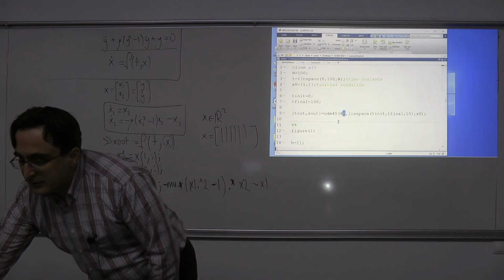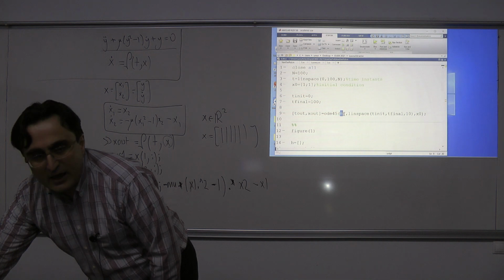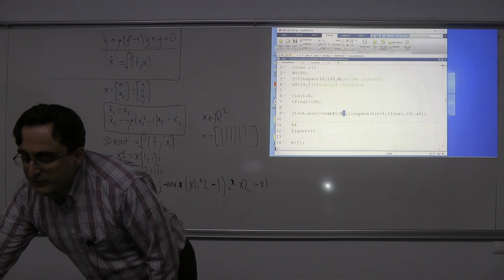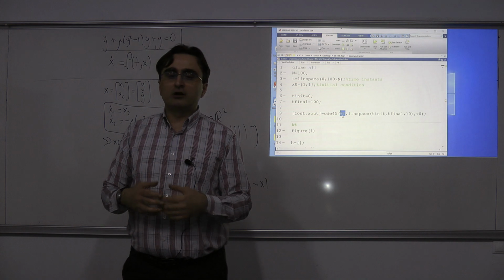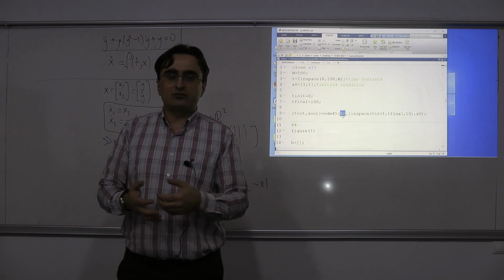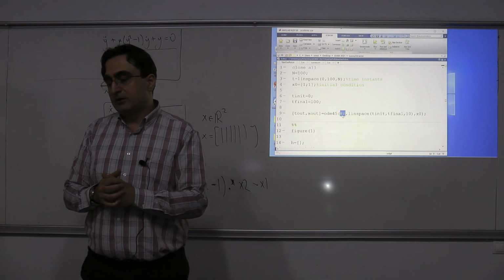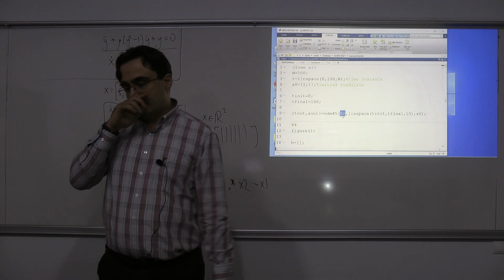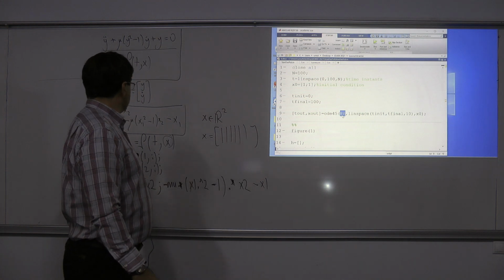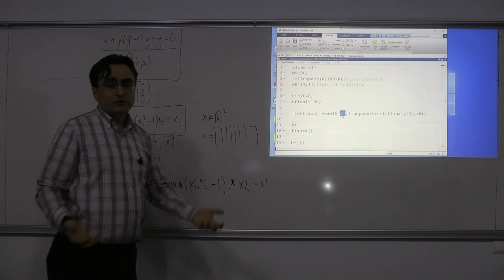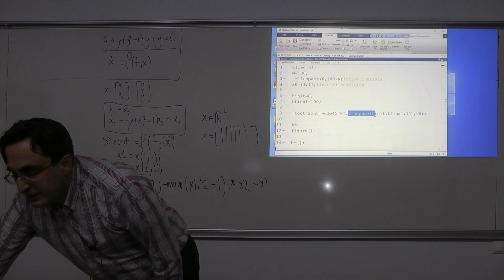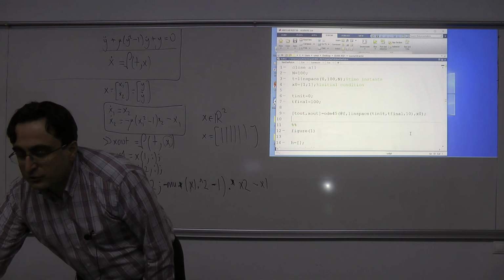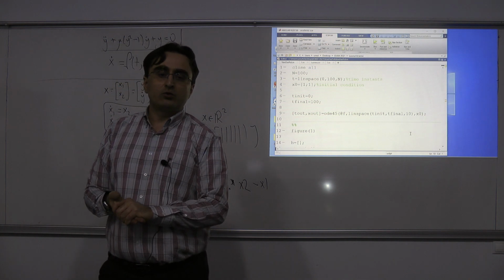And if you just write @f here, this gives the ODE45 function the pointer of that function, so that MATLAB can actually call that function while it is trying to solve the ordinary differential equation, and it can evaluate that function at different values in the state space.